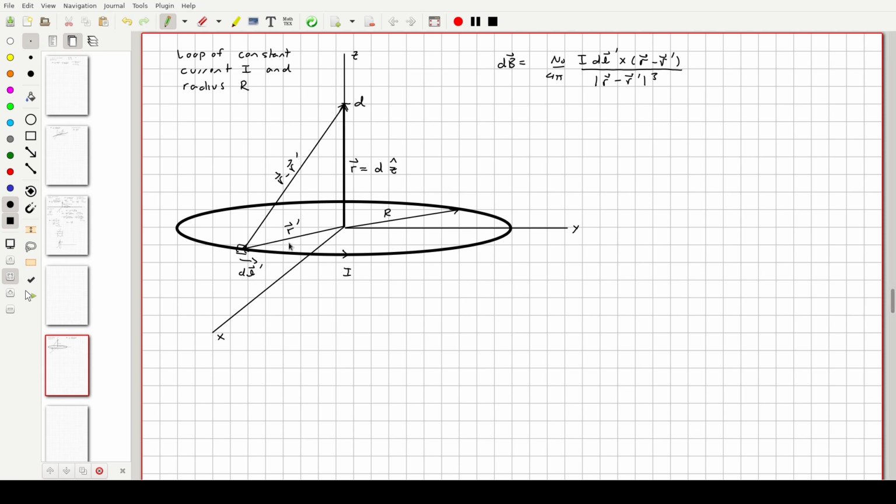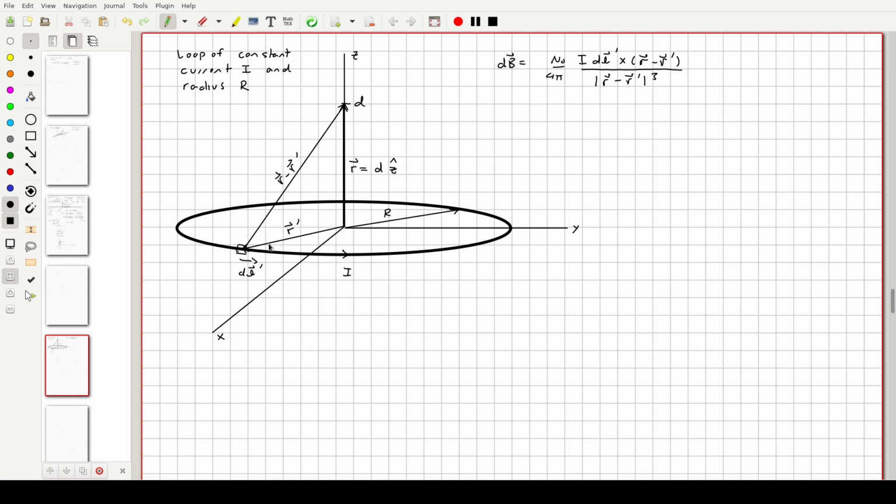Now, in order to do this, we do not want to use Cartesian coordinates. We could, but it'd be pretty complicated. Probably the best thing to do in this example is to use the cylindrical polar coordinates that I was talking about before. So let's talk about what dl prime and what r prime are going to look like in that. So r prime itself, if you look, is the same distance away from the origin, but what happens is it changes position as it goes around the circle like this.